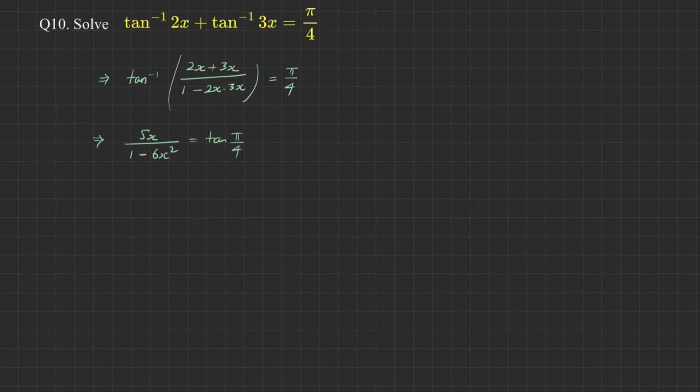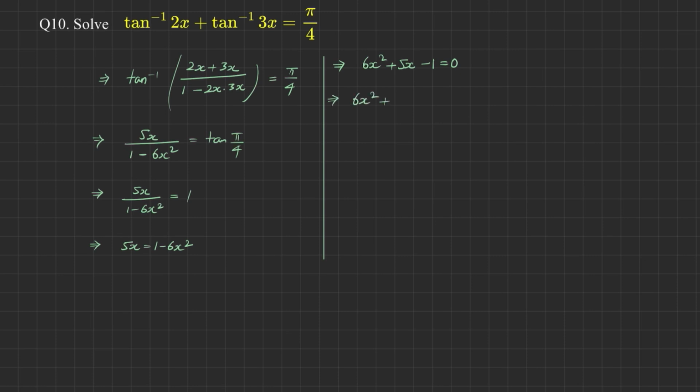So operating both sides by tan, 5x by (1 minus 6x square) equals tan pi by 4, which is 1. So it will be 5x equals 1 minus 6x square. So it will imply 6x square plus 5x minus 1 equals 0. So let's split the middle term.